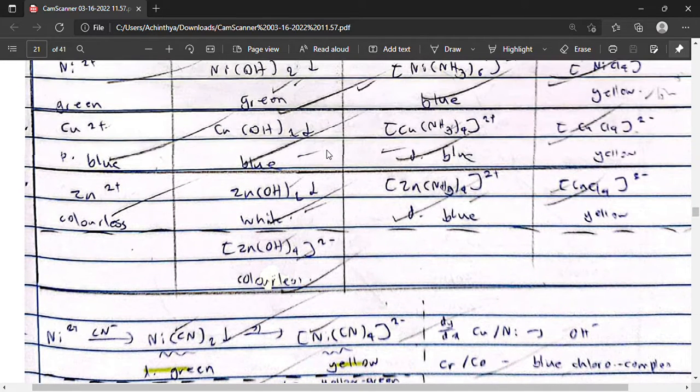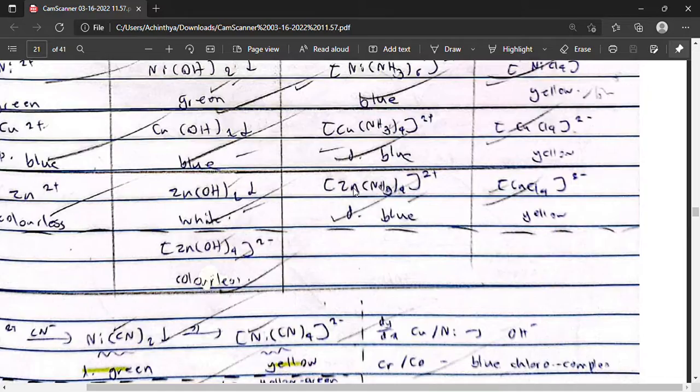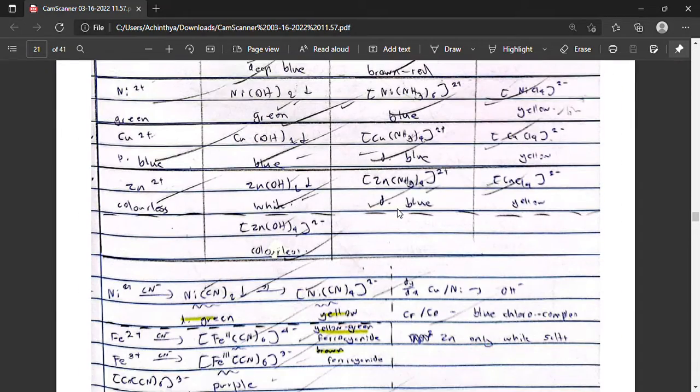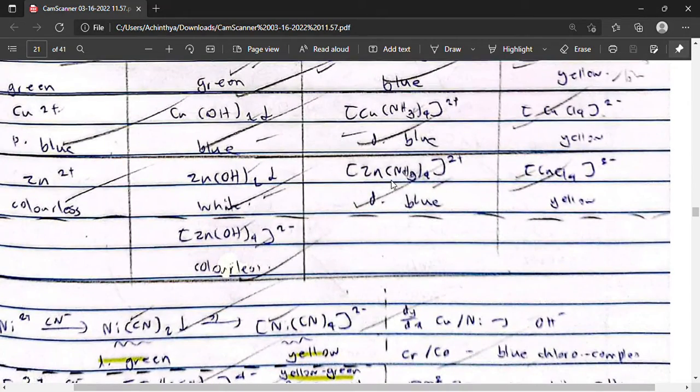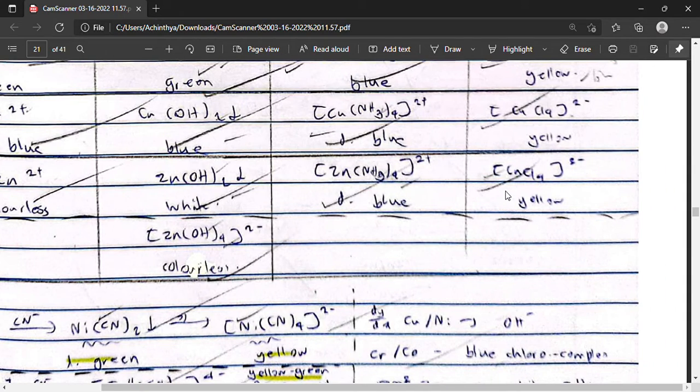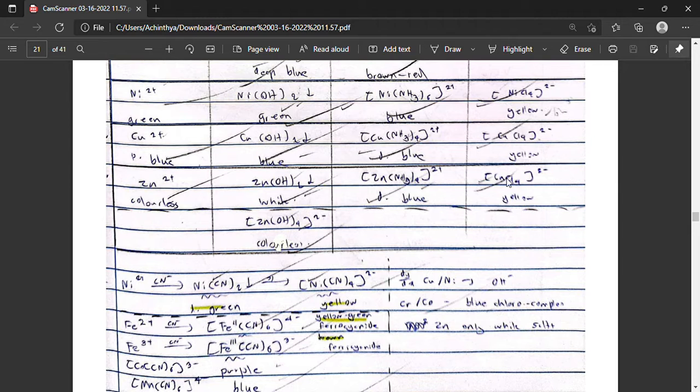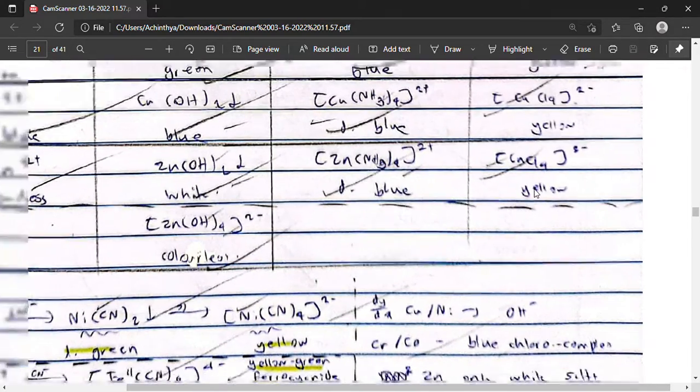If we were to add excess ammonia, it produces this amine complex, tetraamine zinc 2 ion. Excuse the mistake, it is actually colorless. It is colorless like all the other zinc complexes. And zinc also forms a chloride complex when added to excess chloride ions, and it is also a colorless complex, not yellow.